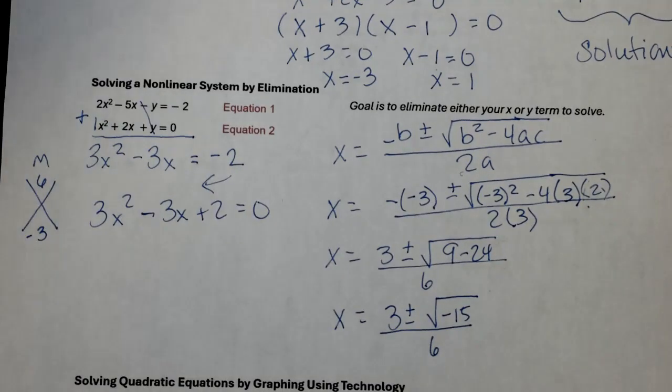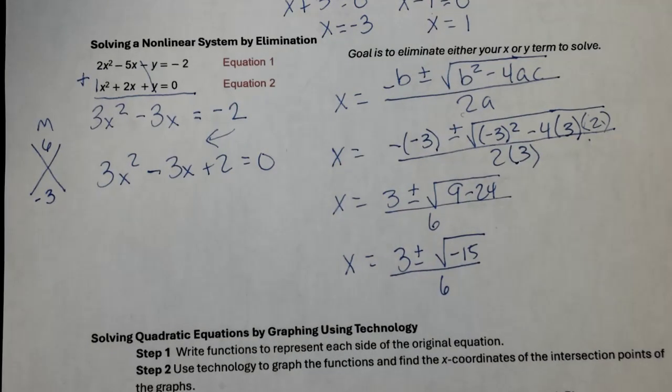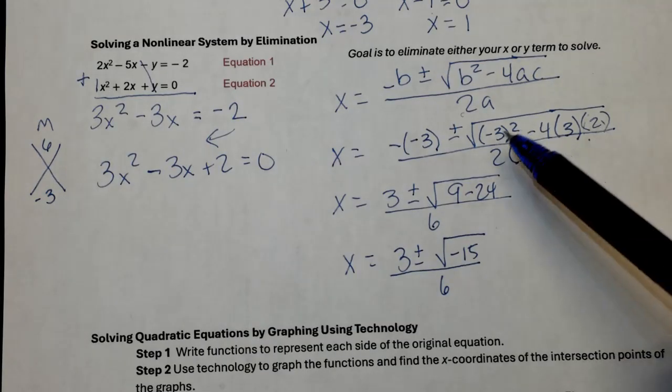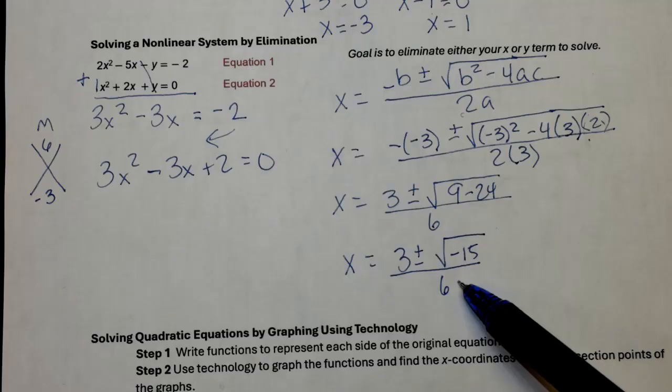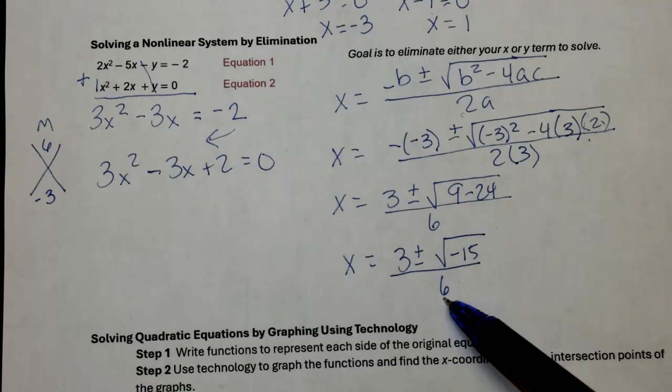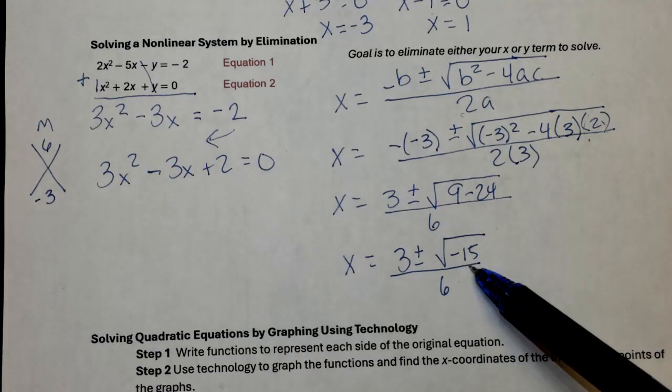All right, so I wrote the formula there just in case you forgot it. So if you work it out, you end up with x is equal to 3 plus or minus the square root of negative 15 over 6. Since our discriminant is negative, that means we have imaginary numbers.